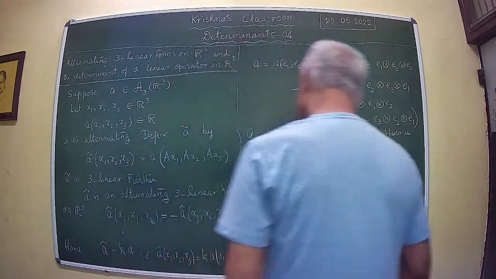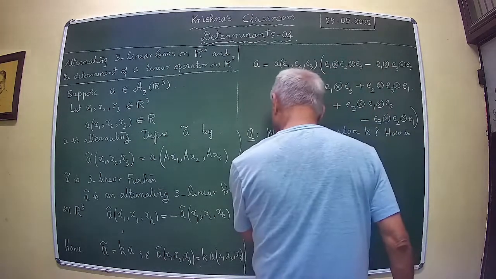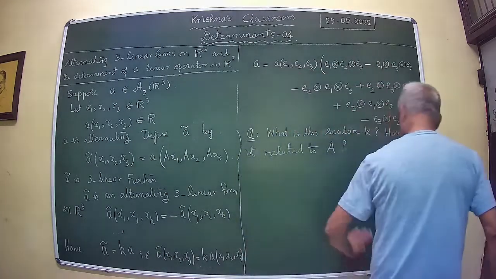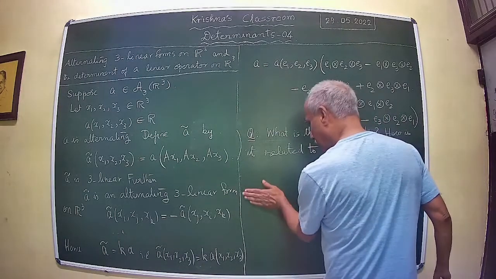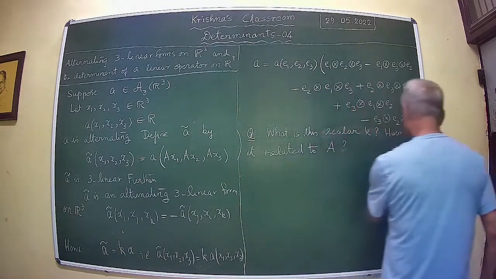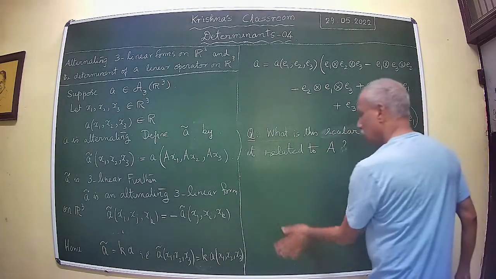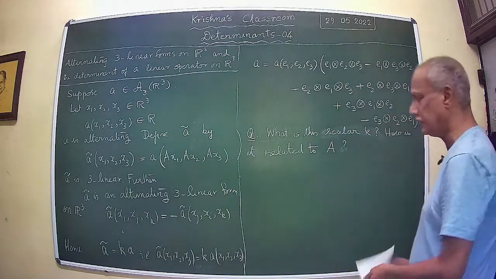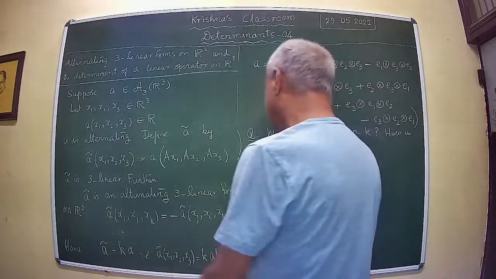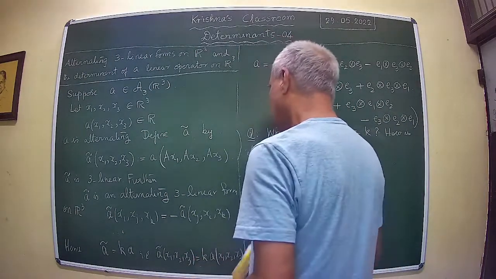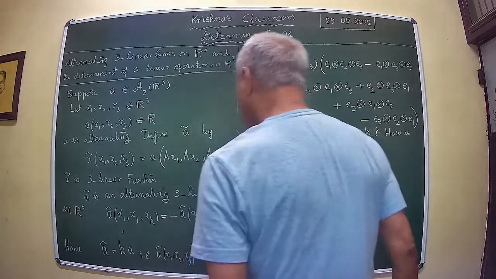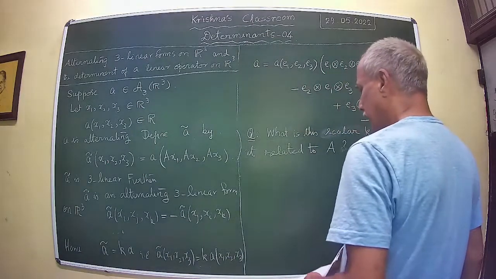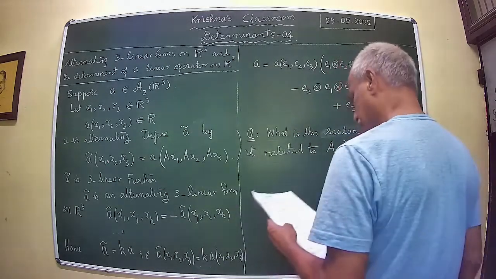Now let us explore this. Structurally everything is clear. All that we are searching for is what this scalar is. So it is enough to verify what happens at E1, E2, E3: you can compute K if you can compute A tilde of E1, E2, E3 and A of E1, E2, E3.